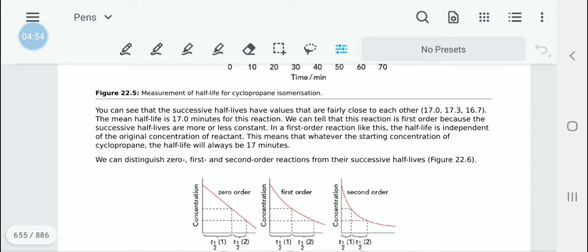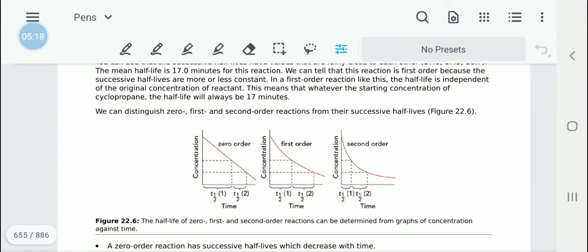Whatever the starting concentration of cyclopropane, the half-life will always be 17 minutes. Even if you start at 1000 moles per cubic decimeter or 5 moles per cubic decimeter, 1000 to 500 and 5 to 2.5, it will take the same amount of time to halve its concentration.